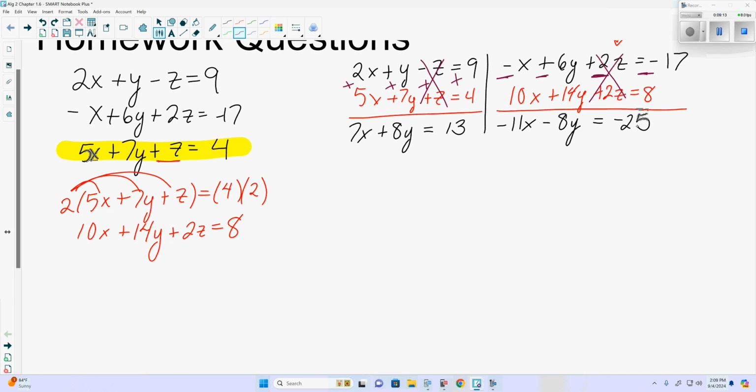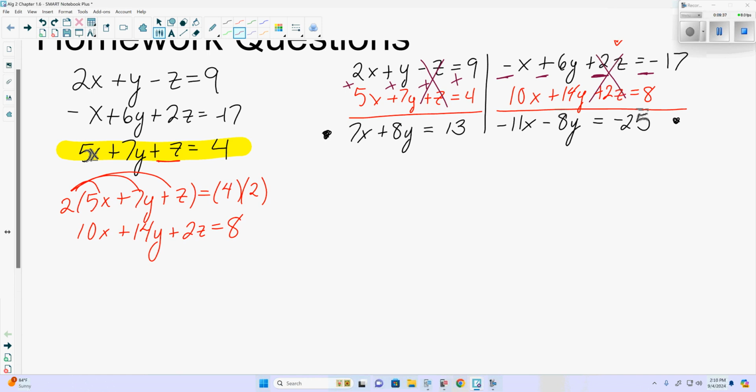yes? Now we need to pick a variable to eliminate, x or y. One of them's nicer than the other. Why? Because the number in front of y is the same. If one of them's already the same, let's use it. Because if we wanted to use x, I would have to multiply this equation by 11 and this one by 7 to get those to be the same.